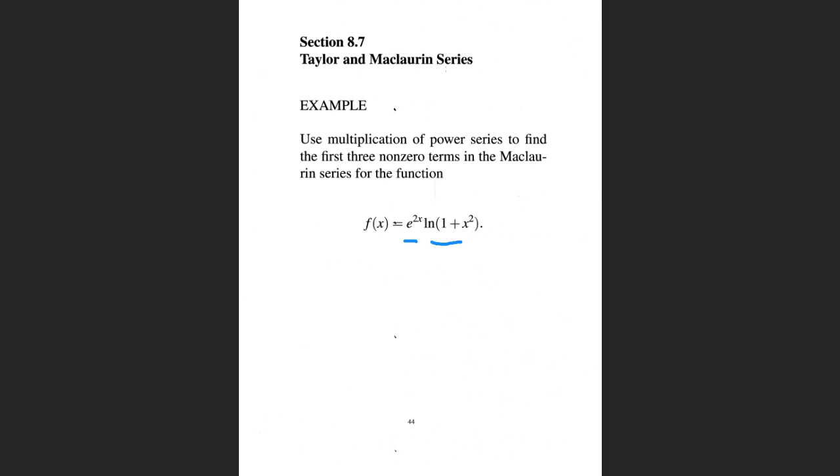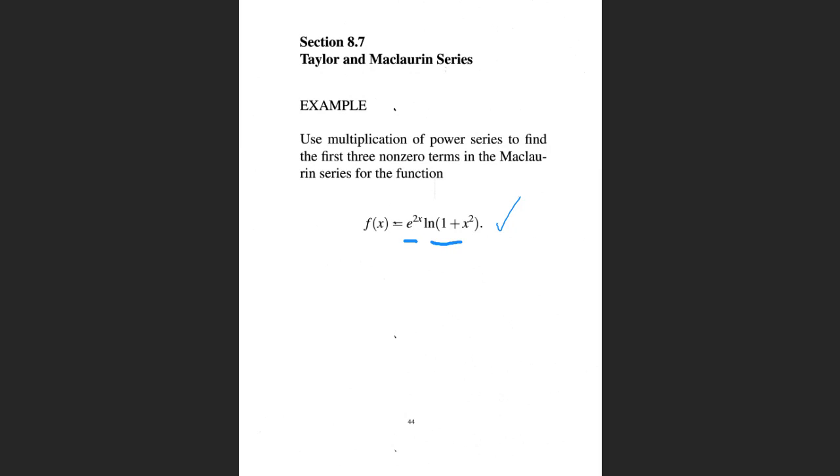Now, what we could do, of course, is find the first 4 or 5 derivatives of this function and then try to come up with a Maclaurin series. But that would be difficult for this particular problem because the derivatives are going to get quite complicated.